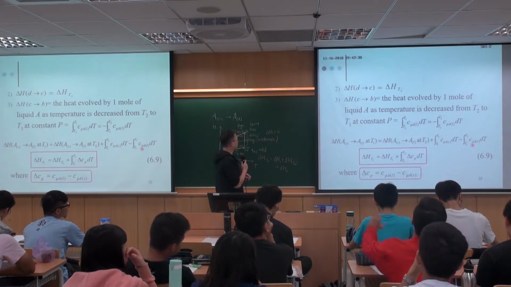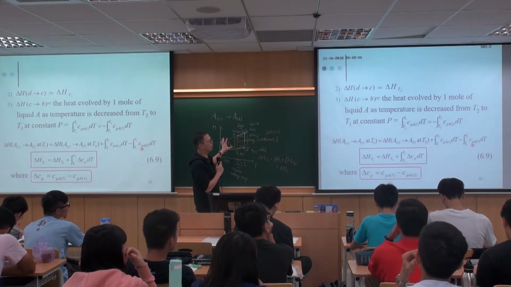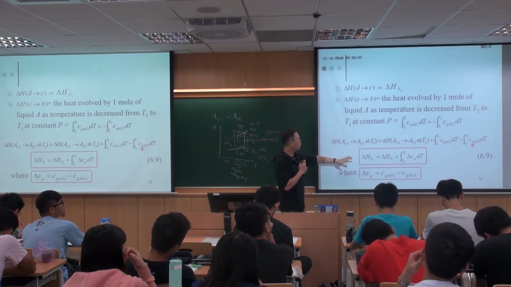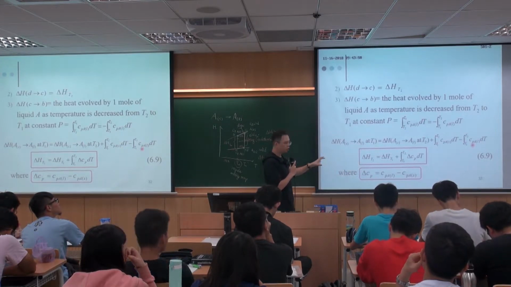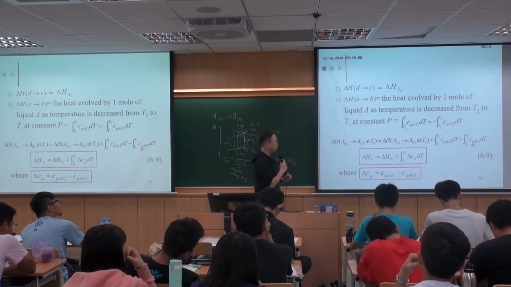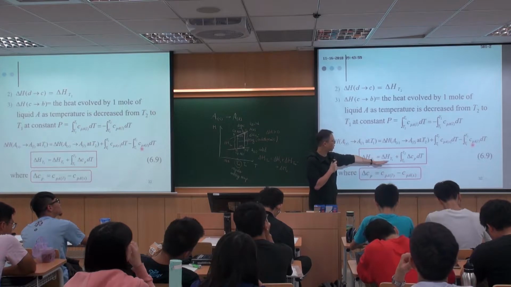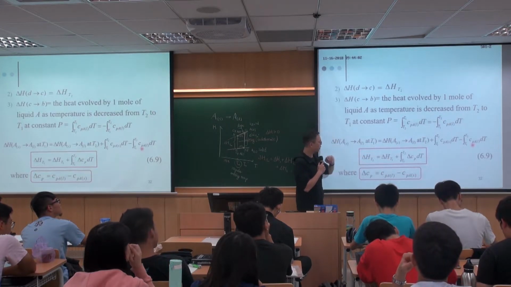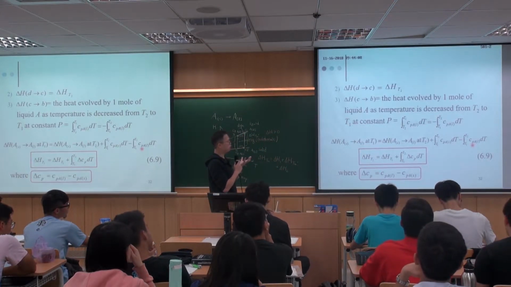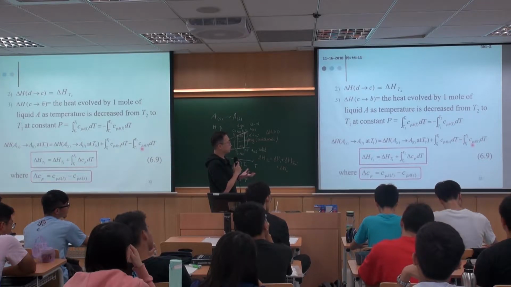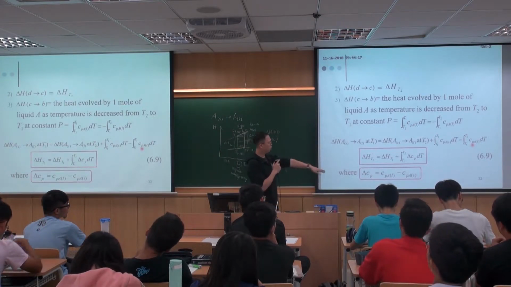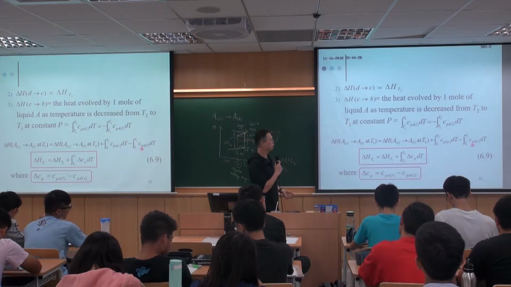Okay? So please bear in mind that this derivation is very important, and also the result is important. So whenever you want to calculate the change of enthalpy at some arbitrary temperature, then you need to know the delta H at some certain temperature, and also the heat capacity difference between the two phases you are looking into. So in this case, we're looking at Cp for liquid phase and solid phase.